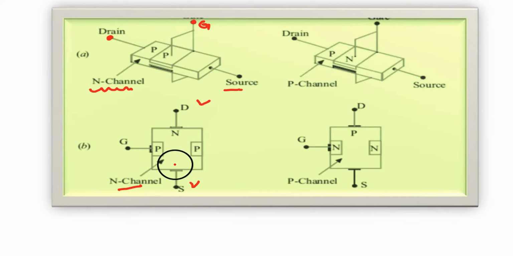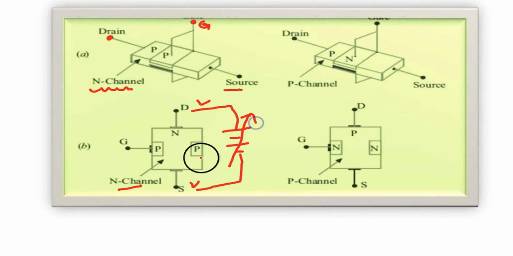Gate is of P-type. When we apply some potential here, this is source and drain, positive, negative, like this. If we apply this potential, the electron will start moving from source to drain.